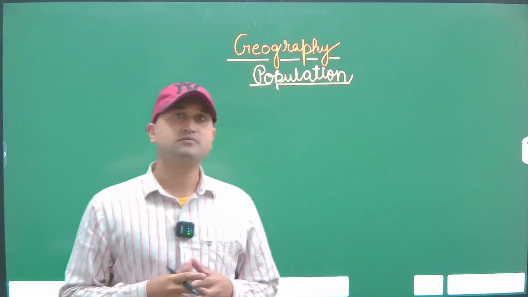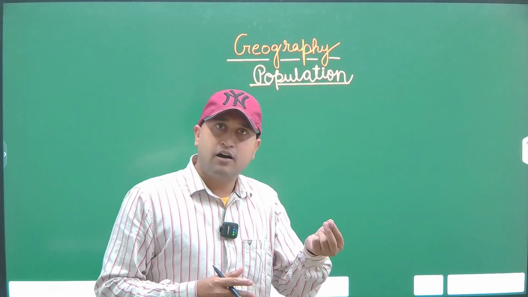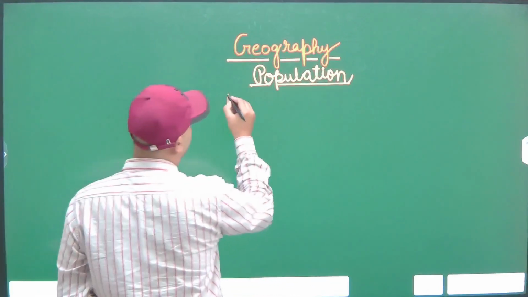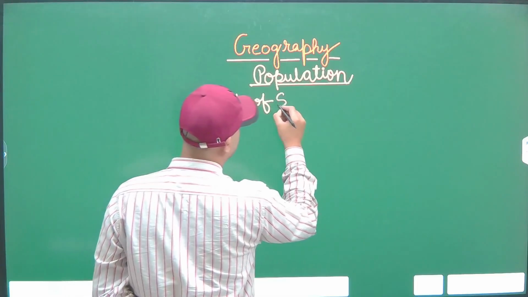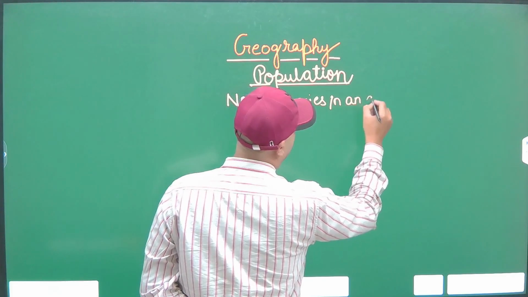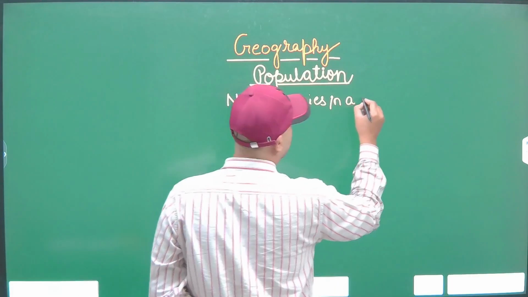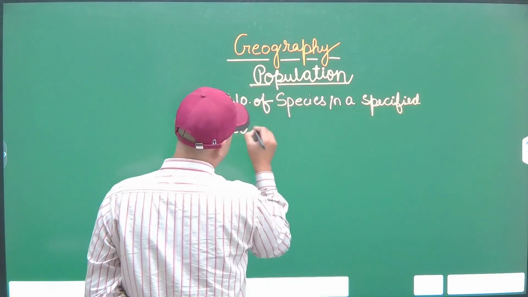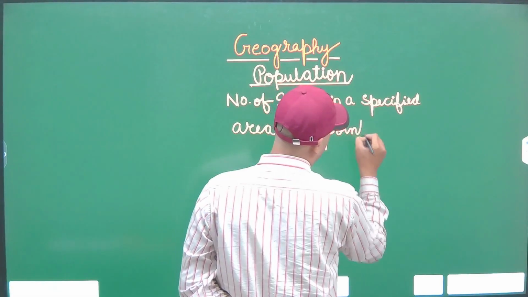Population means the number of species in a specified area at a point of time.